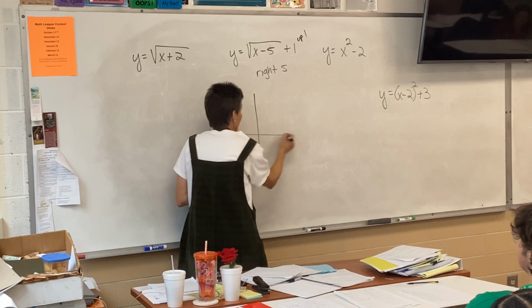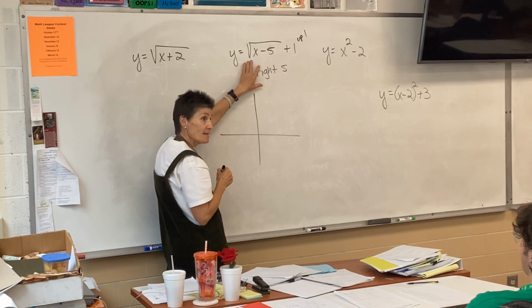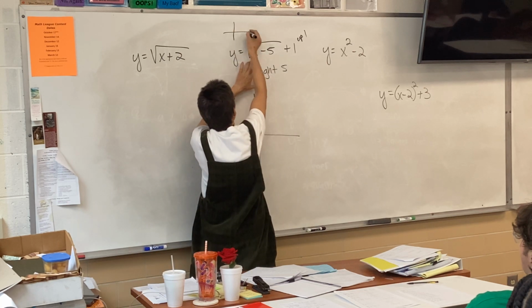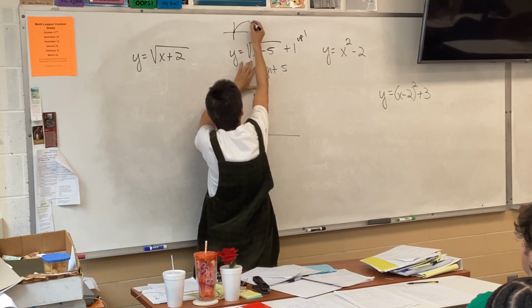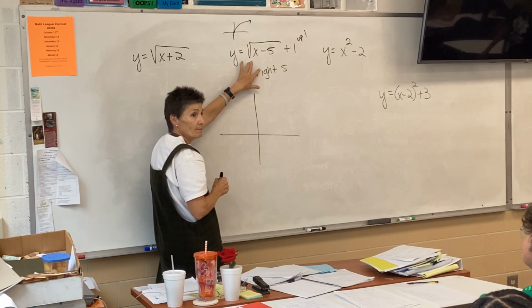So, I'm doing problem 2 first. I'll come back and get this one. What shape is this? That's your square root shape, which starts at the origin and goes up and out, right?